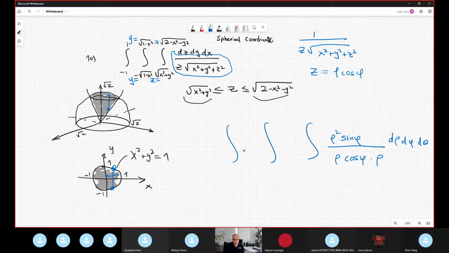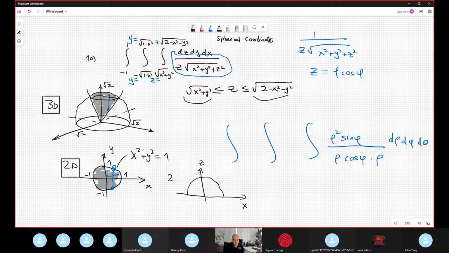Okay, according to the other view, I forgot to say, for example, this view, it's a sphere, this is xz, 3D, 2D, and another 2D. Okay, the solid looks like that.